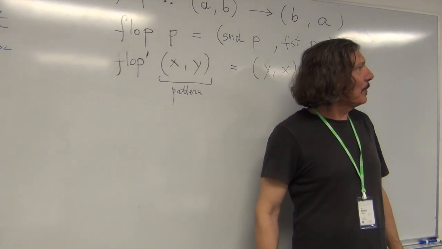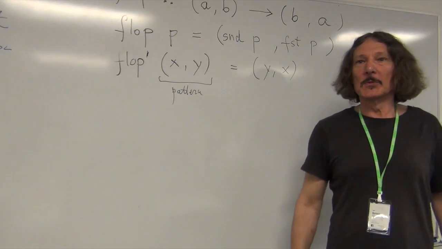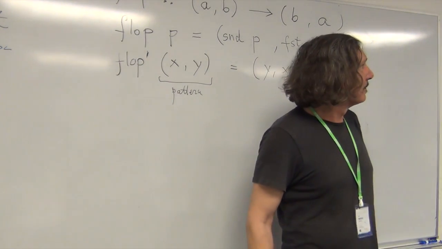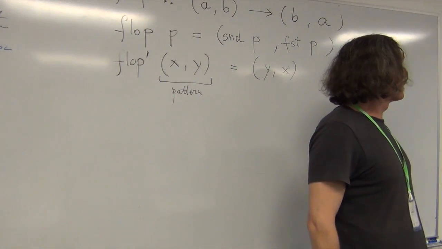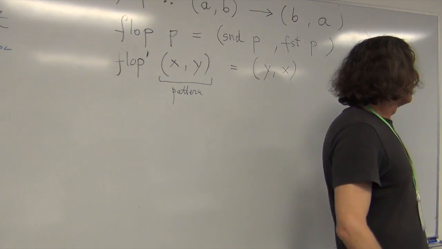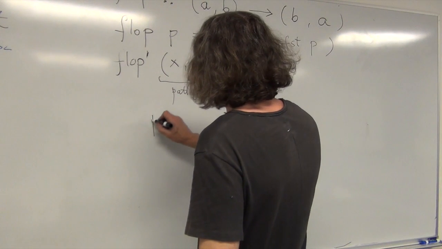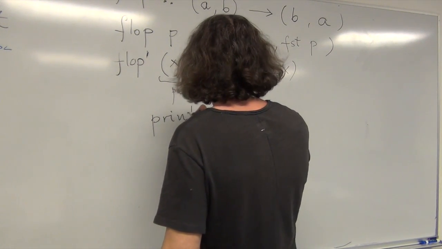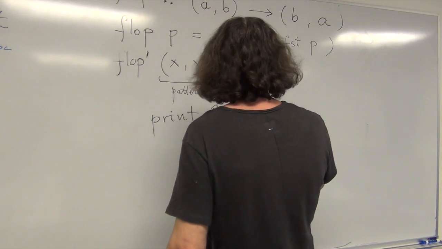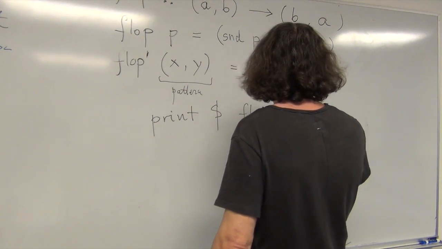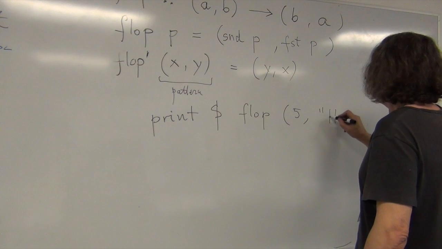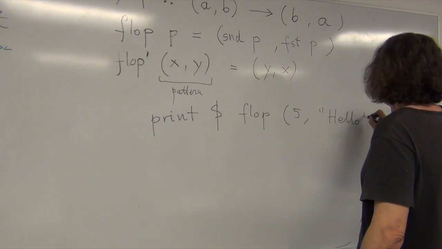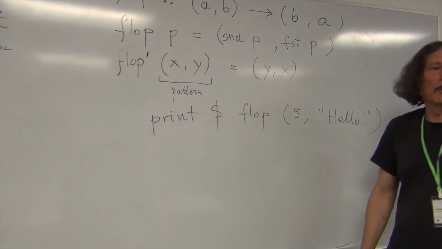So we applied flop to a pair of integers, which is good. But you can change the second one to a string, for instance. Totally, yes. Let's print flop of 5 and a string, and it will work too.